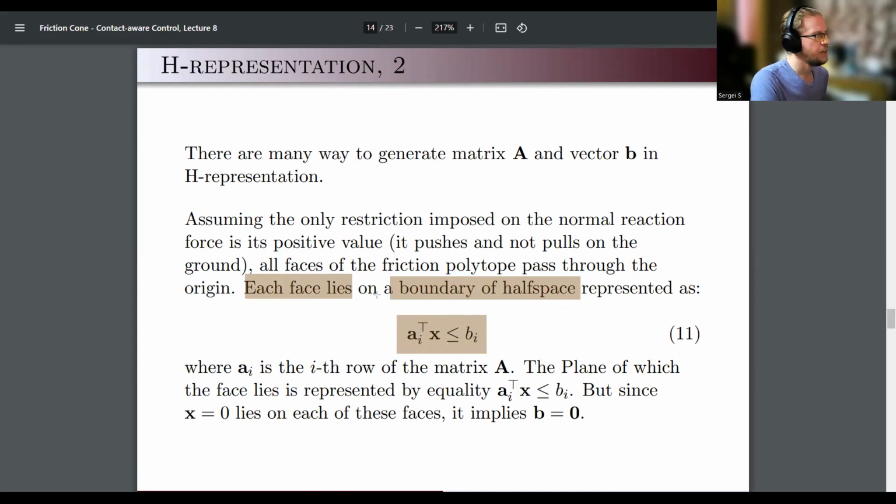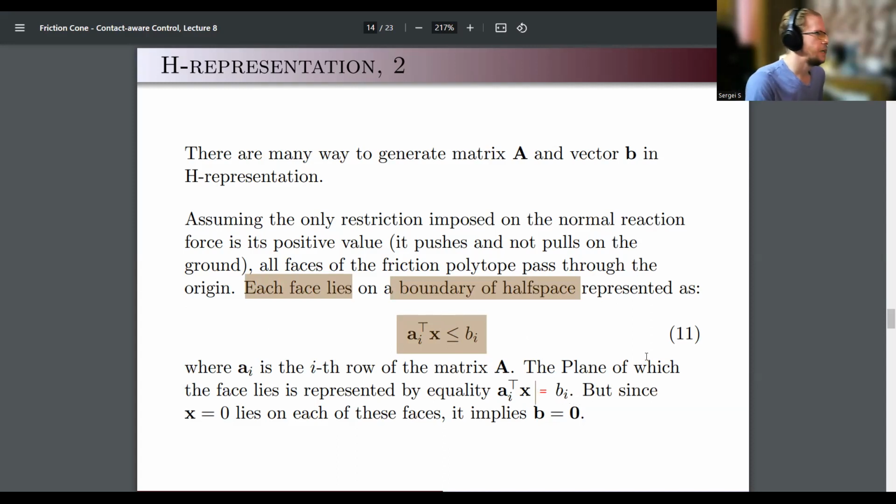So those are half spaces, but the boundary is when AX is equal to B. Here I have a typo. Let me correct it, like this.